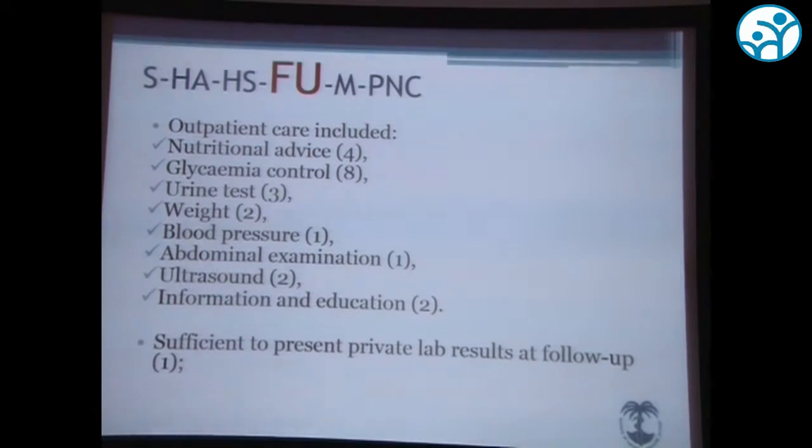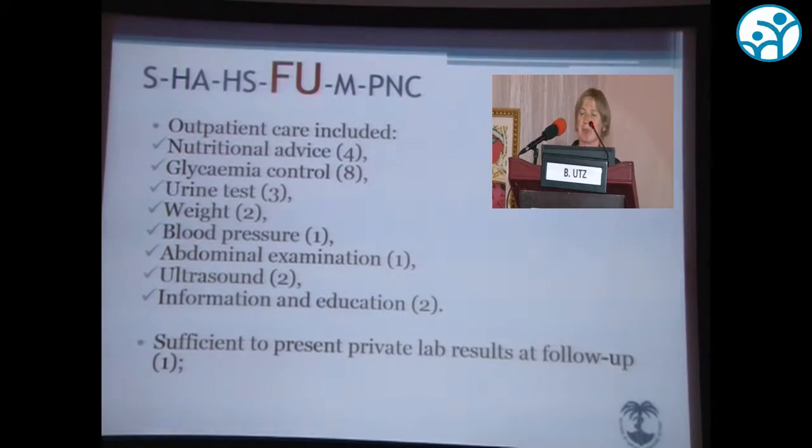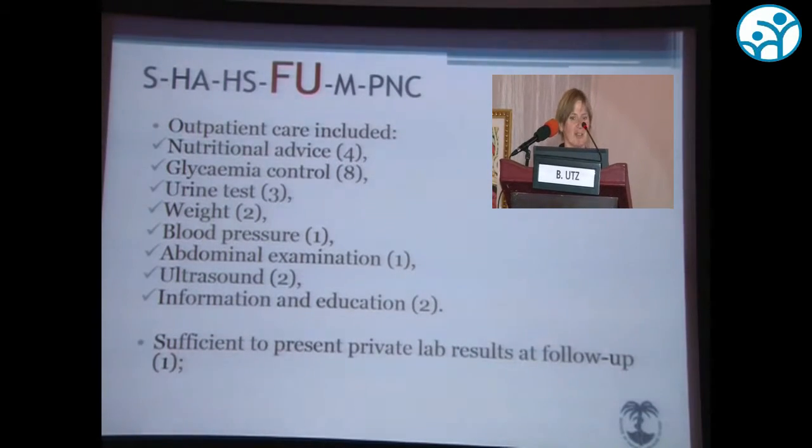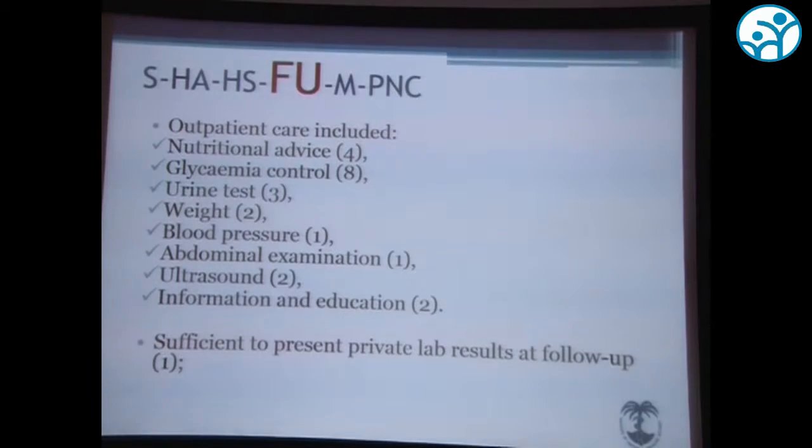What exams, what tests were conducted during follow-up? Normally nutritional advice was given, glycemia levels were controlled, urine tests were performed, weight and blood pressure were measured. In some hospitals they did abdominal examinations, ultrasound, and they provided information and education.